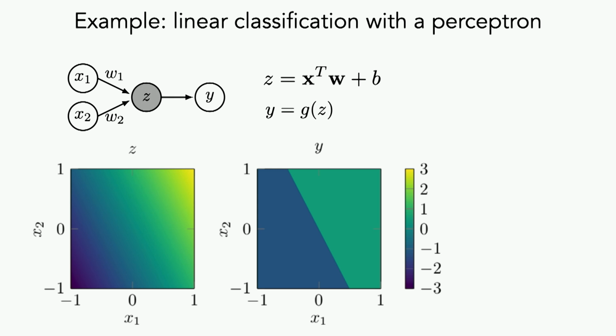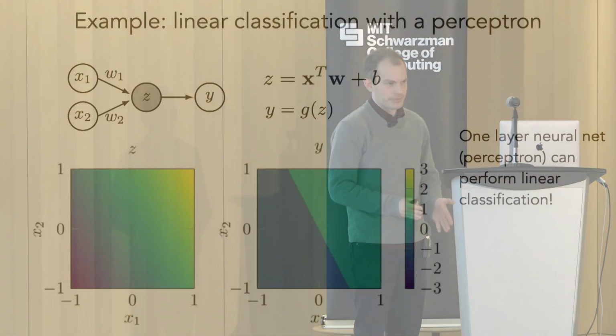Now, if I take my threshold, I will simply threshold around 0. So 0 is this greenish color, and then if I threshold the values of z around 0 to create the values of y as a function of the inputs, I will partition the space in half. Okay, so partitioning your space of inputs in half is binary classification.